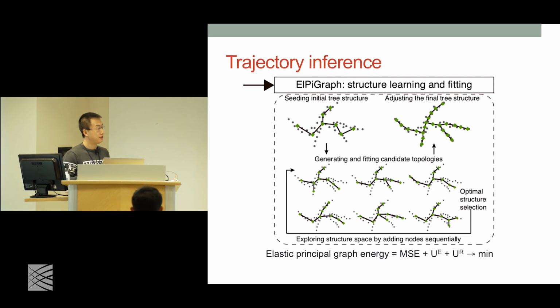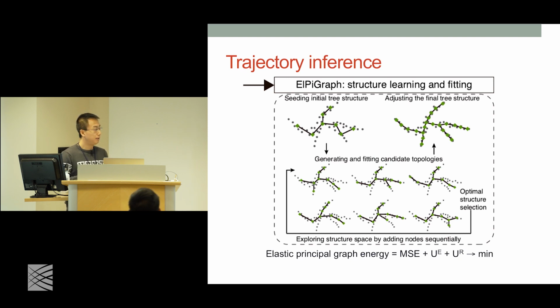During the structure learning method, first of all we need to seed the initial tree structure, and then we use the graph grammar to generate different topologies, and then use this elastic graph energy function to pick the optimal one. By adding the nodes sequentially, we can eventually get the optimal finalized tree structure.